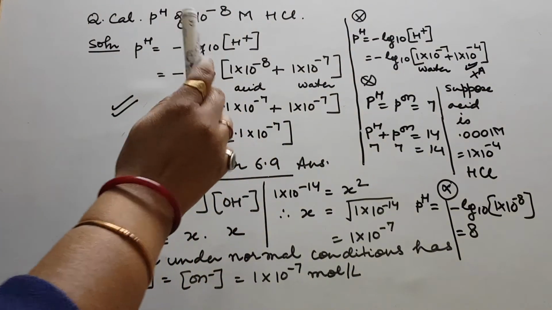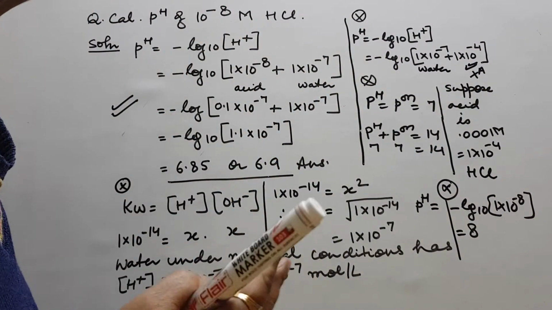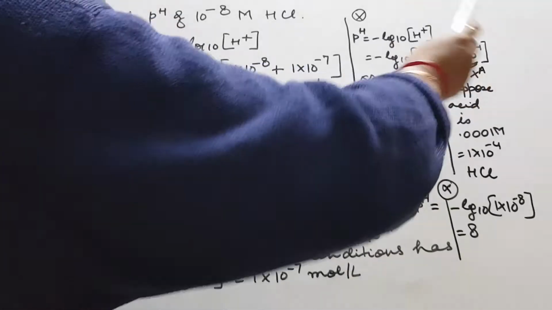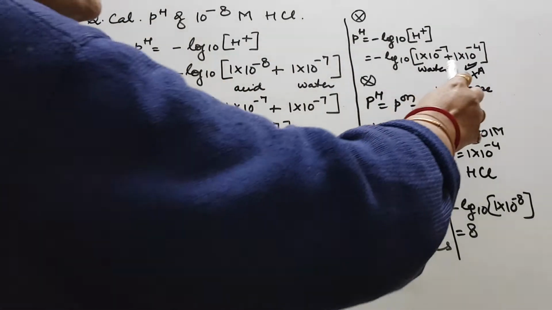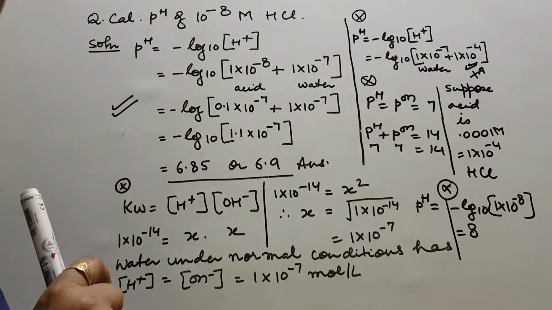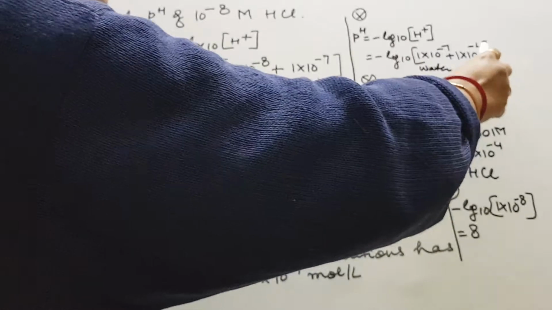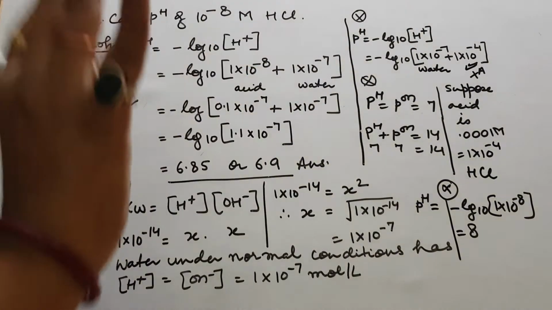Frankly speaking, as much as possible we should not ignore. Say till this point we could ignore. Had it been 10 to the power minus 5, actually we should not ignore because there's not that much difference. And once it is 10 to the power minus 6, we should never ignore that.